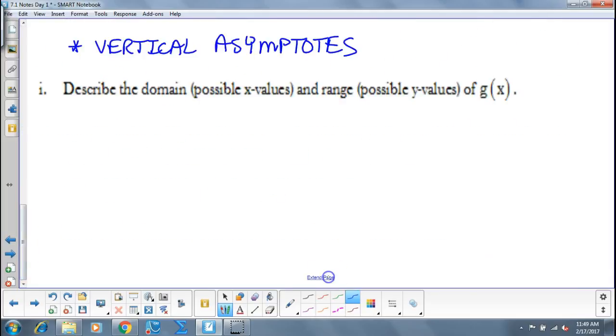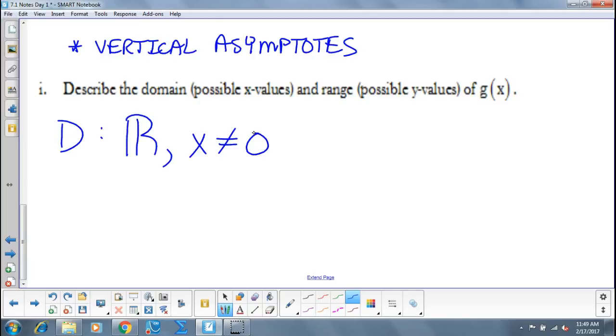So then now, because it's a function, let's describe the domain. My domain of g of x is going to be all real numbers, but are there any restrictions? Are there any values of x that I cannot plug into my function? I can't plug in 0. So my domain then is all real numbers, but x cannot equal 0.